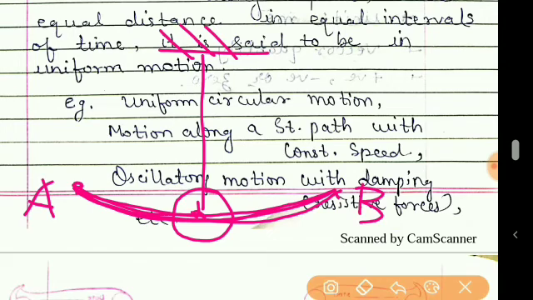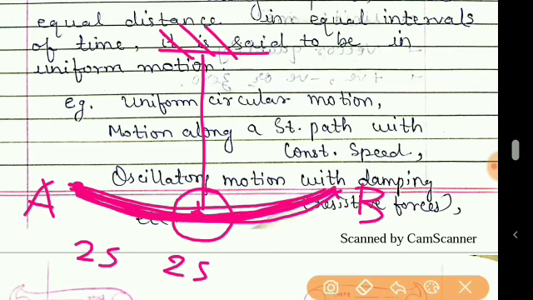And suppose the time taken for this is 2 seconds. Now if every time it completes one oscillation in 2 seconds, as the process goes on from A to B, then we can say that these oscillations are uniform, or it has a uniform oscillatory motion.